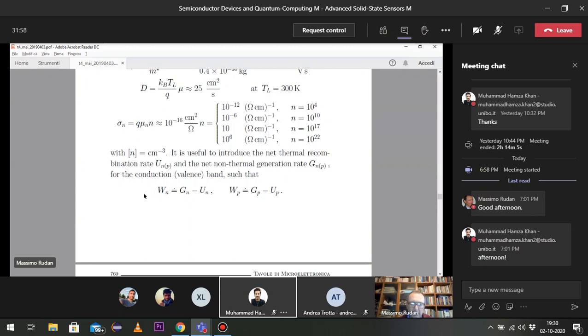Similarly, Up is the total number of holes that exit from the valence band less those that enter the valence band for thermal reasons and per unit volume and time, okay?